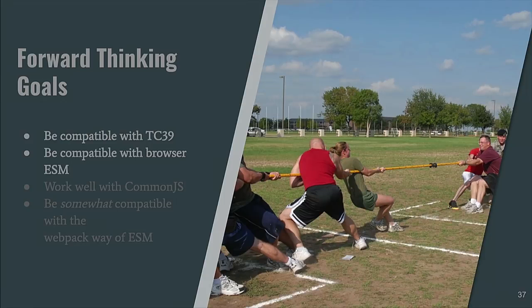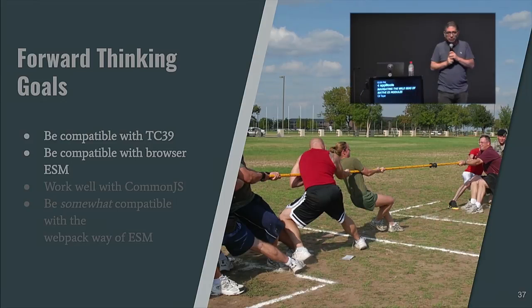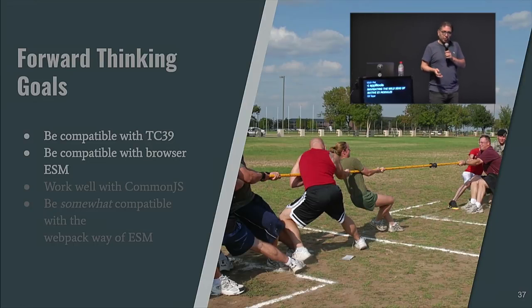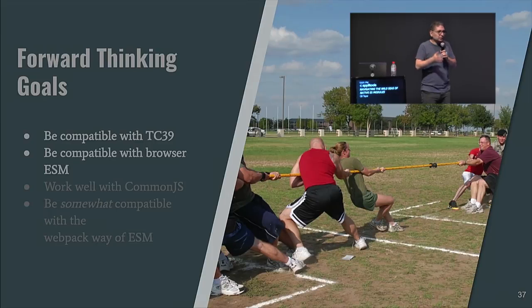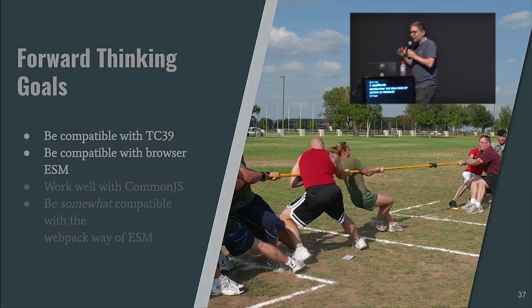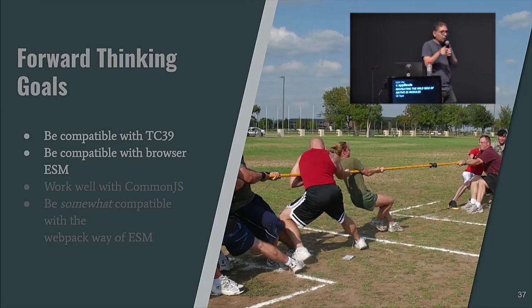And the other thing, it needs to be compatible with browser ES modules. Why? Because the modules working group in Node wants code that is universal, that works both in the browser and in Node.js and works seamlessly together. So that is one of the goals of the Node.js modules working group, not to ignore what is happening in the browser.